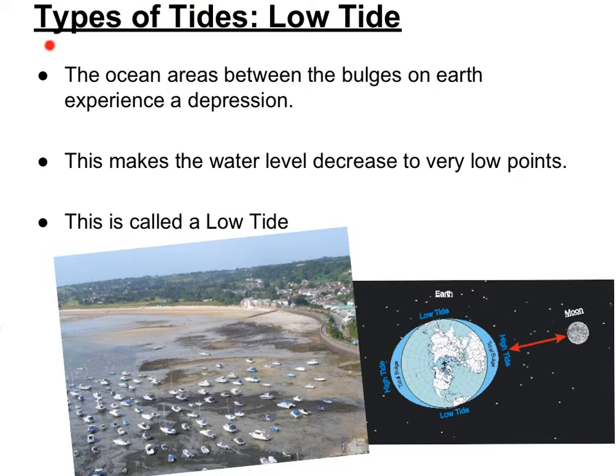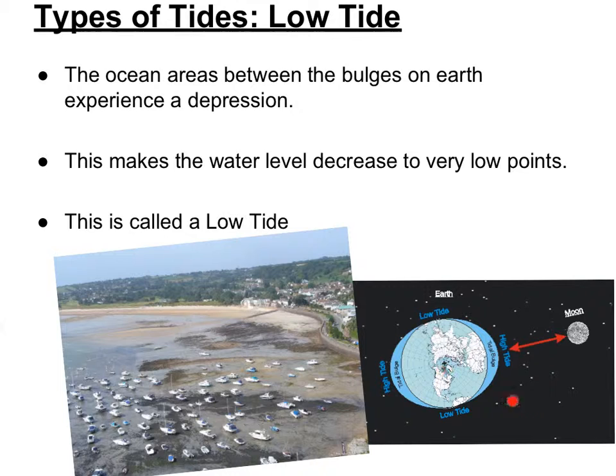All right, now we're going to talk about low tides. This is the ocean areas between the bulges on the earth that experience a depression. This makes the water level decrease to very low points, and this is called a low tide. So again, it's pretty intuitive that a low tide would be a water level decrease and that a high tide would be a water level increase.